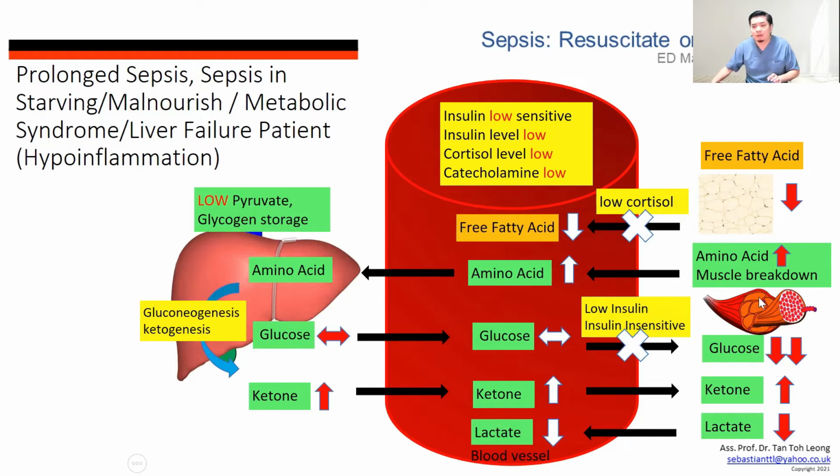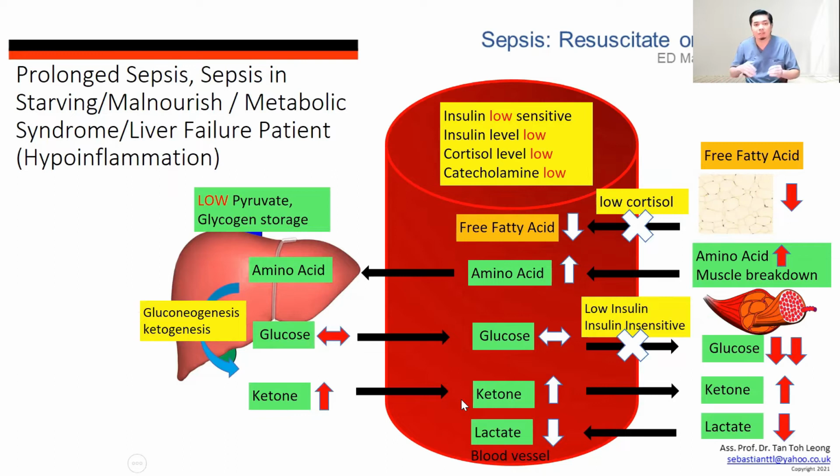The problem is that when the glucose is low in the patient with hypoxia, definitely the lactate will be low, because the lactate substrate comes from pyruvate that goes through the metabolism and slowly converts to lactate. However, in a hypoxic patient, there is not enough substrate to convert to lactate. Lactate is definitely low. So in this situation, the patient needs to produce a lot of ketone to sustain life.